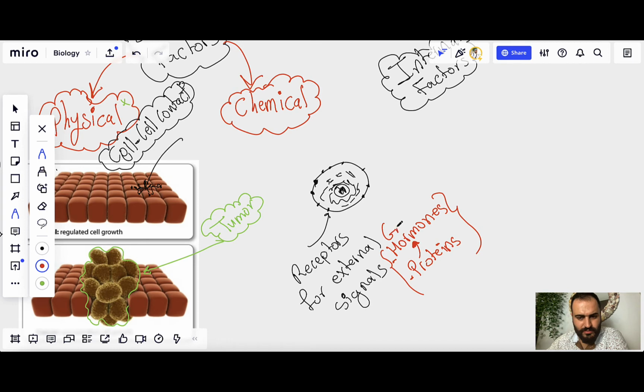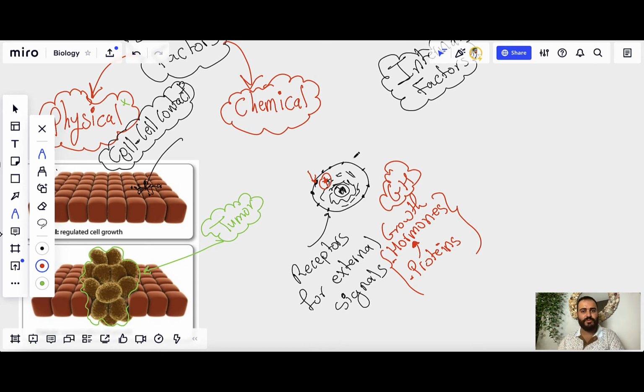So these hormones, we call them growth hormones, and their main function is to bind to the cell, and as a result of this binding, they will initiate other signaling inside the cell that will activate cell division. So growth hormone is as if there is a messenger that comes to the door and delivers a message and leaves. This message is activating the cell cycle or even inhibiting it.